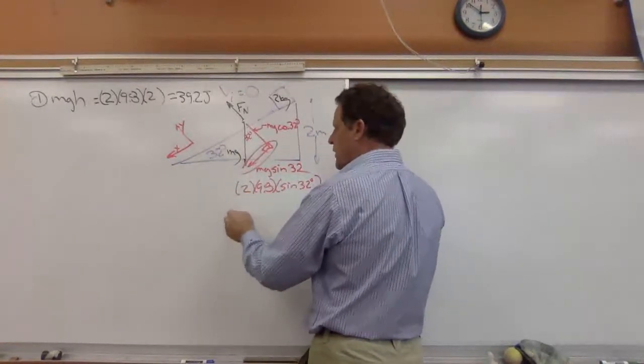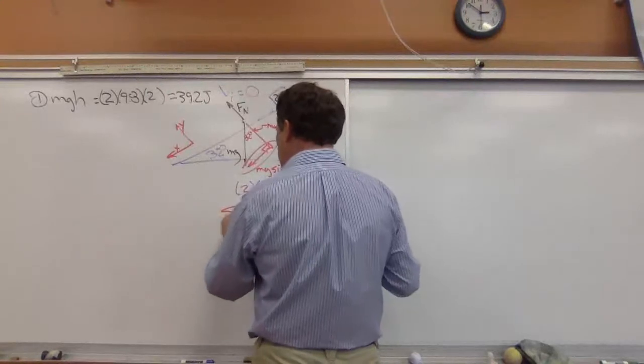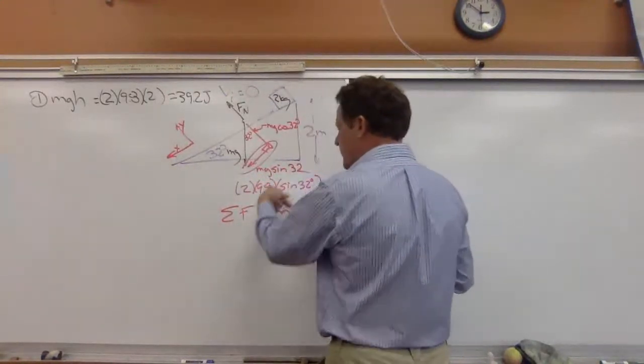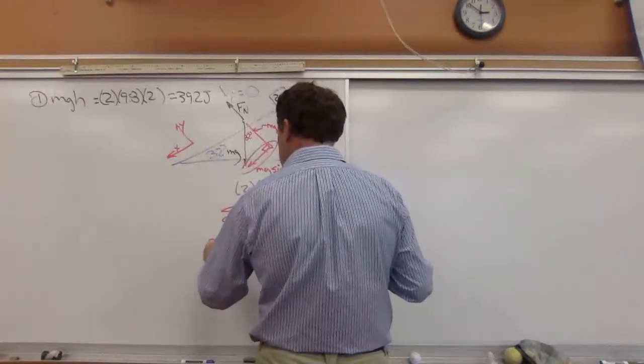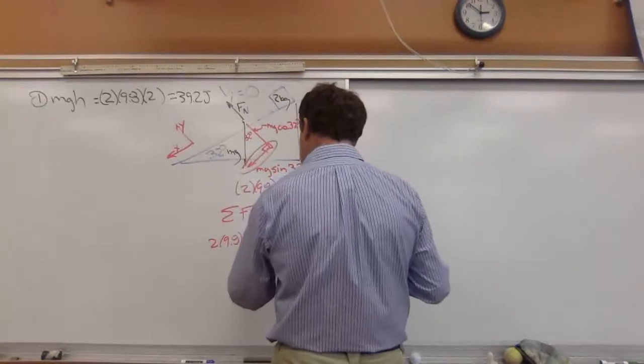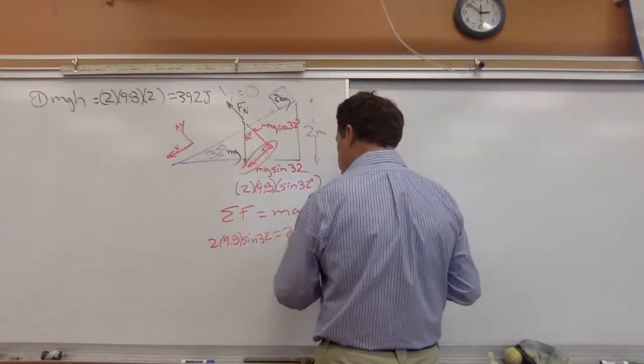So when we do the sum of the forces equal to ma, this is the force down the ramp, which is 2 times 9.8 times the sine of 32, and that is equal to 2a.